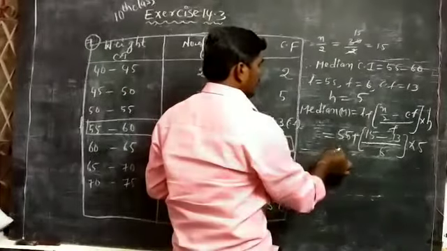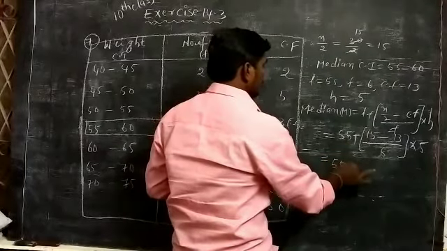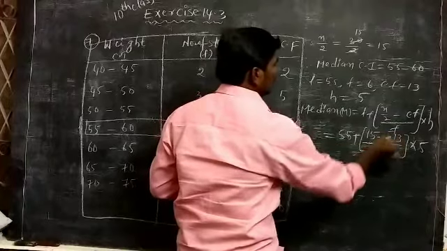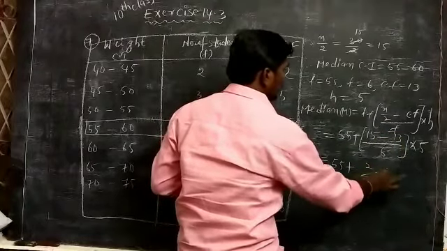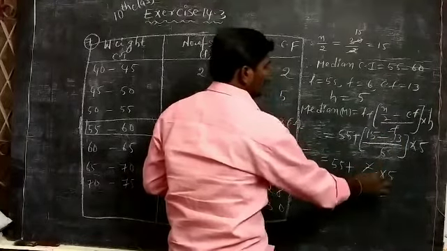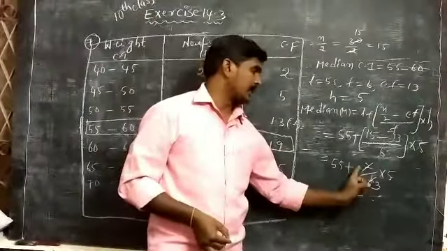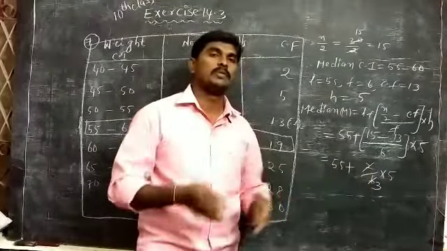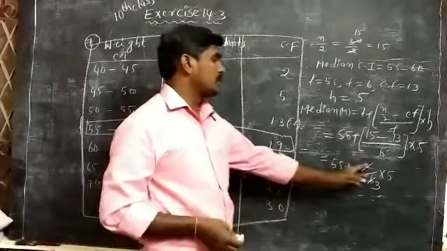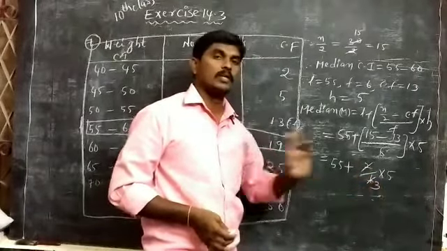Now simplify: 15 minus 13 is 2, by 6, into 5. 2 times 3 is 6, so we cancel. Where cancellation is possible we can cancel, otherwise multiply and then cancel with the denominator.